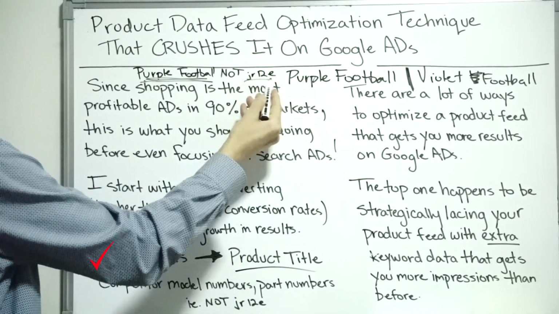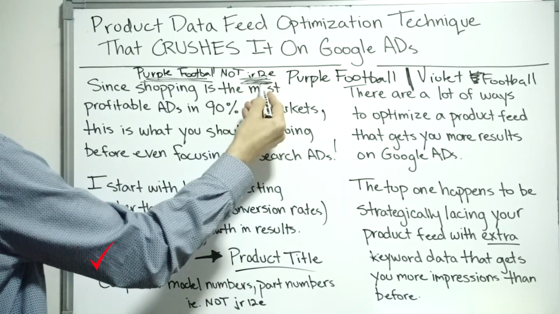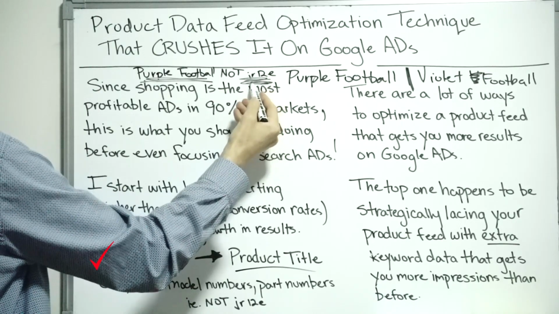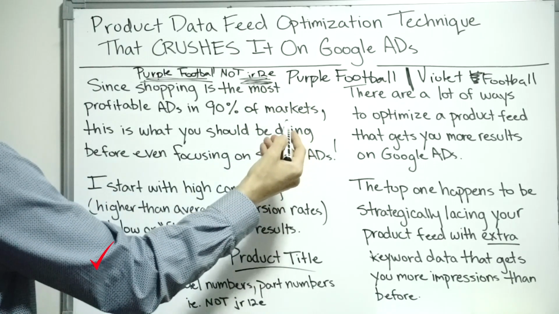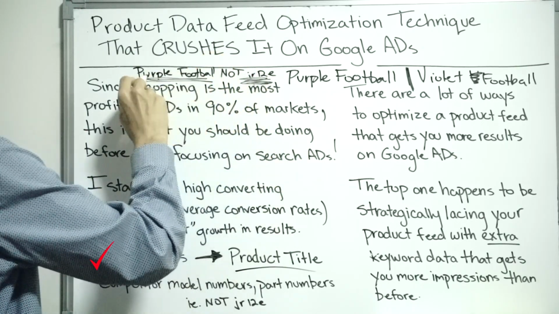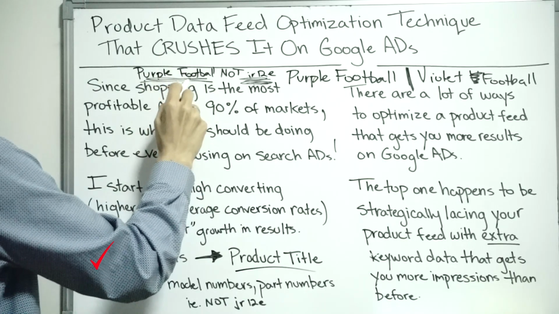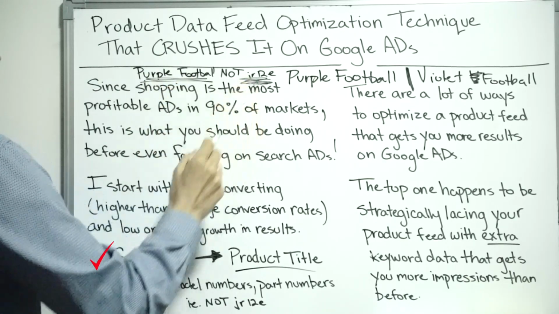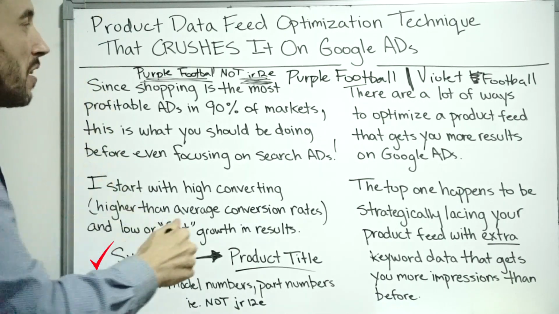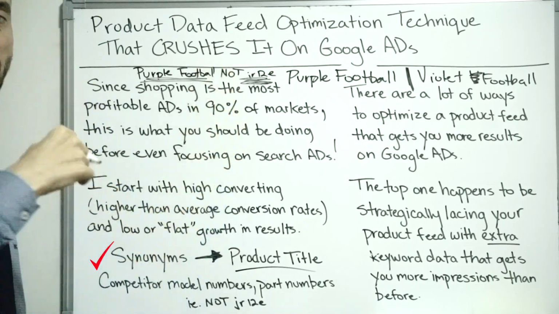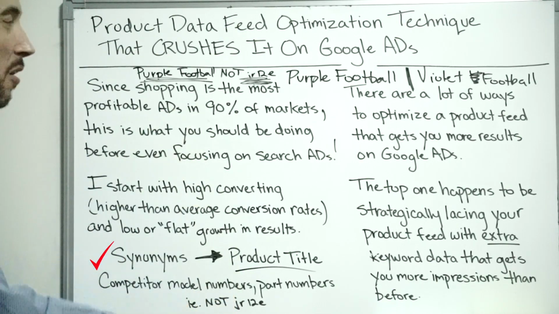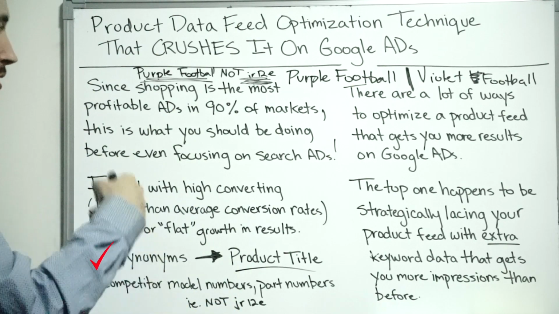Assuming your competitor's purple football has a part number associated with it called JR12E, you could put "not JR12E" at the end of your normal product title, so that it starts showing up for people searching for JR12E. See what I'm saying there? But if you put "not", that makes sure that users aren't confused when they see your title on Google Shopping. See how and why and what we're doing with this?